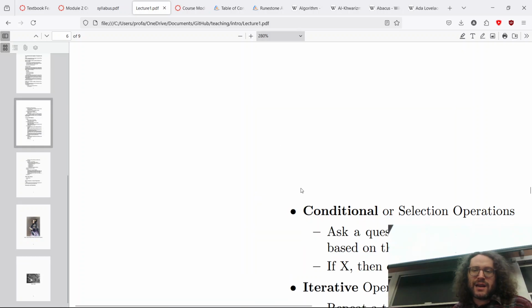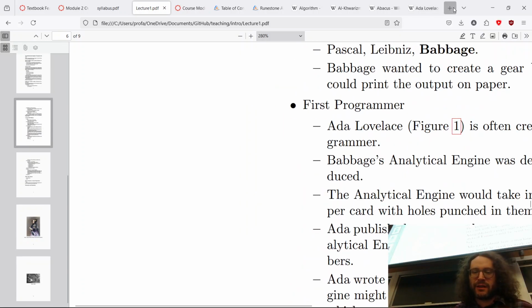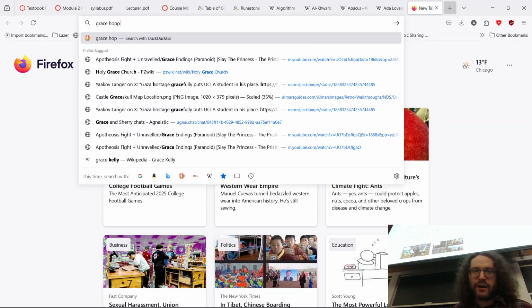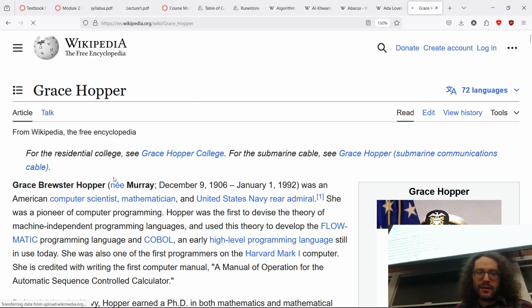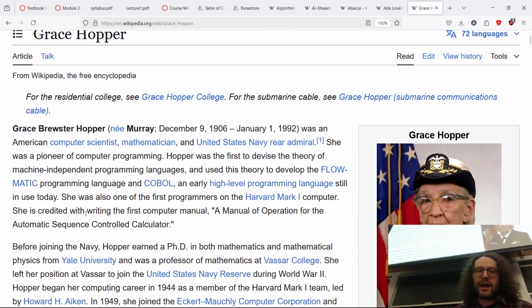One figure I did not write down, but really should be here, is someone who worked very early on these computers, Grace Hopper, an American computer scientist and, as of currently, the highest ranked woman in the U.S. military ever.